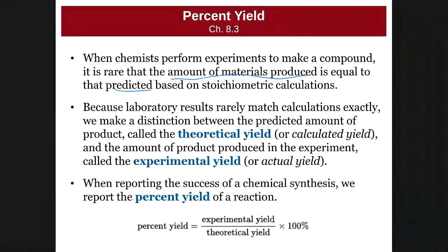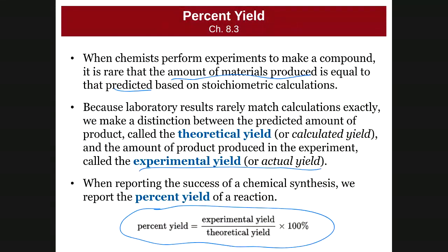So the percent yield is made up of the experimental yield, or actual yield, what you are able to weigh on a balance in the laboratory. And the theoretical yield is what you would calculate from your stoichiometric calculations that we've done in this and the last lecture video.